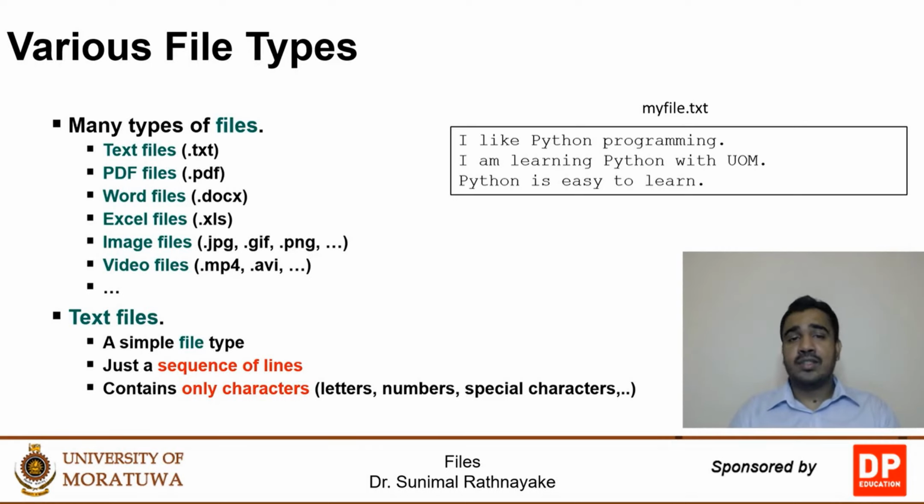Our example text file shown here, myfile.txt, has three such lines as you can see. The three lines are: I like Python programming, I am learning Python with UOM, and Python is easy to learn. In our lesson today, we will learn file handling with text files as an example.